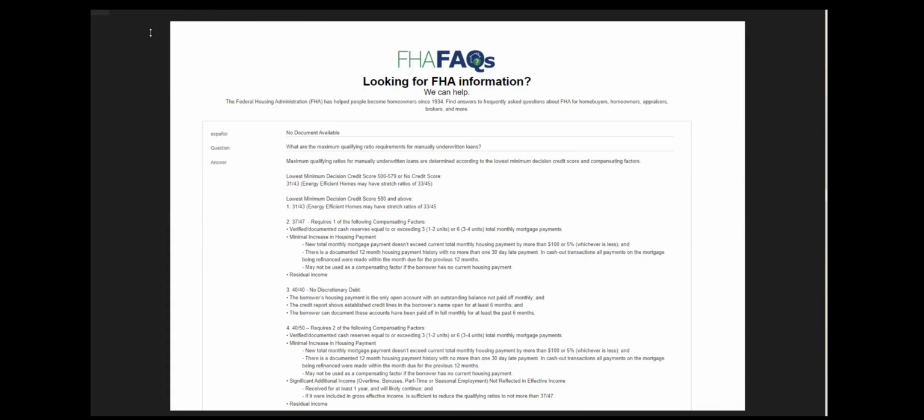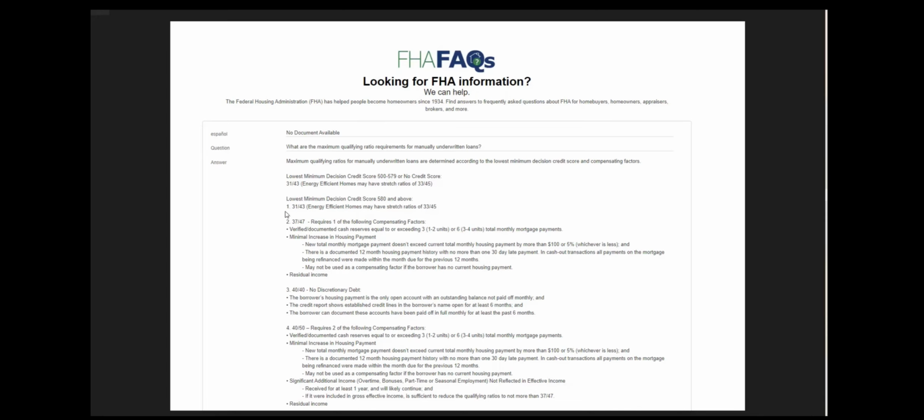And here FHA states all the debt to income ratio qualifications that they have for their loan programs. The first 2 at the top, one is numbered, one is not, but they are essentially the same. The differences are that this particular one that is unnumbered is for credit scores between 500 and 579, or absolutely no credit score whatsoever.